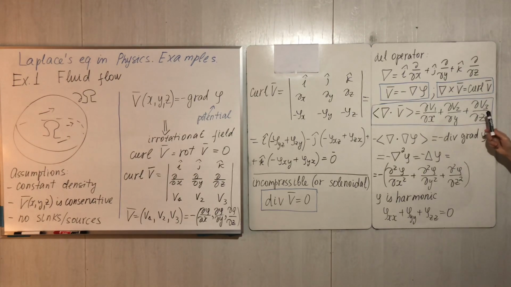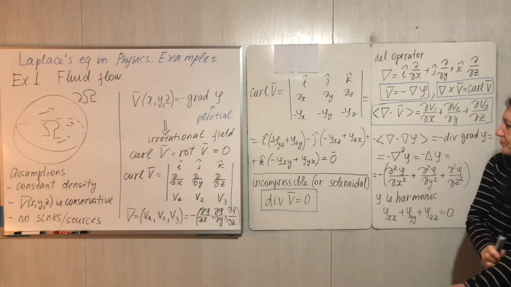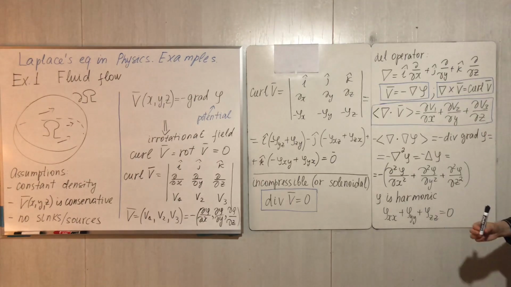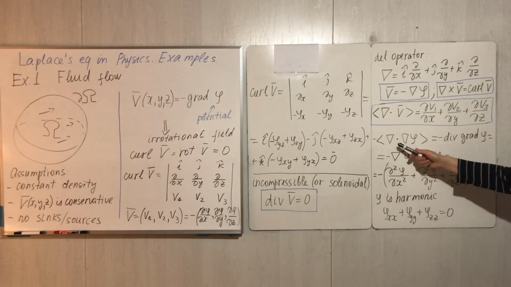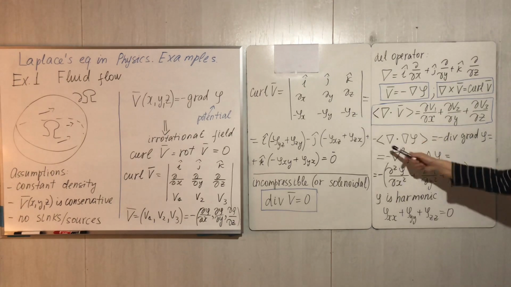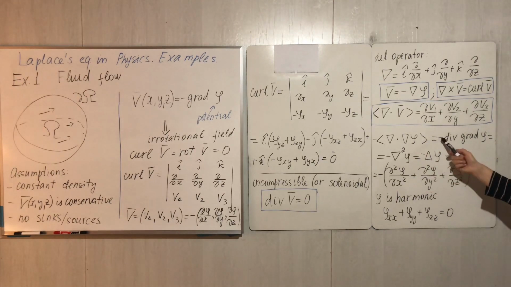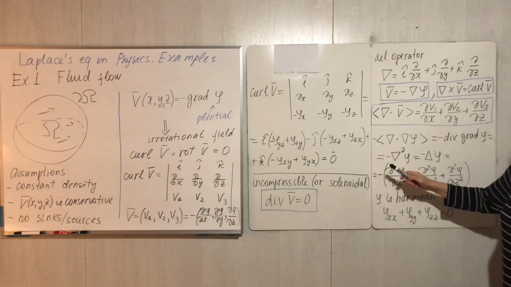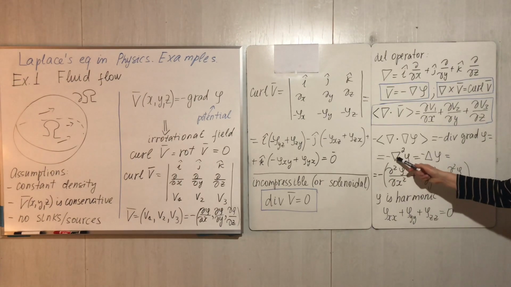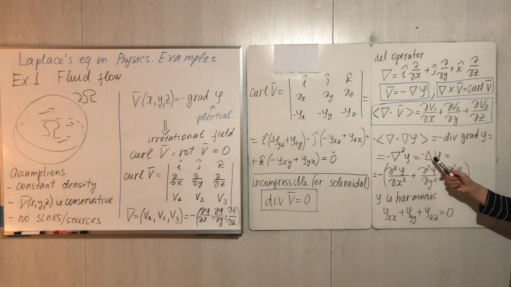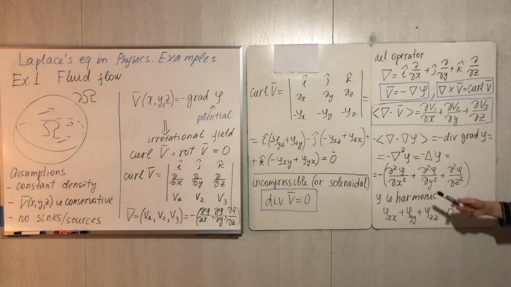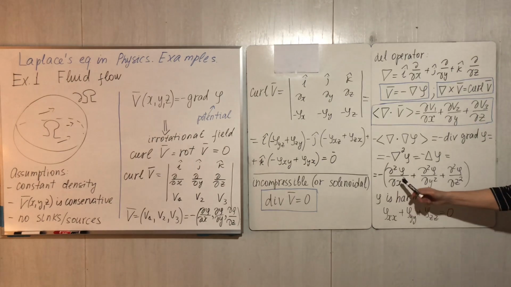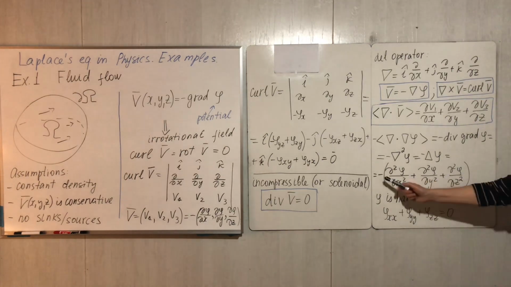Okay, and then what we have if we combine these two, divergence V equals 0 and V is a gradient field, then if we want to rewrite everything in terms of function phi, we will get, with sign minus, the divergence of gradient phi, or in some literature people write it as nabla squared, or we can write it as delta, which means Laplacian, and we do everything of course in Cartesian coordinates here, so the Laplacian will be just the sum of second derivatives.